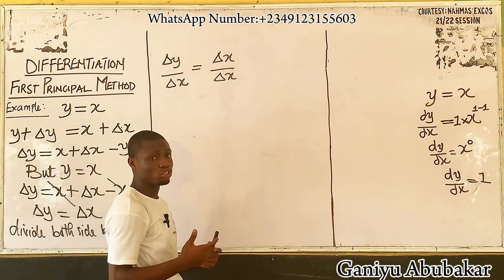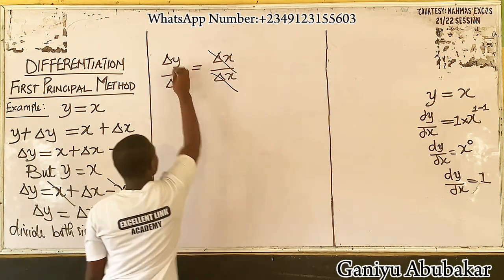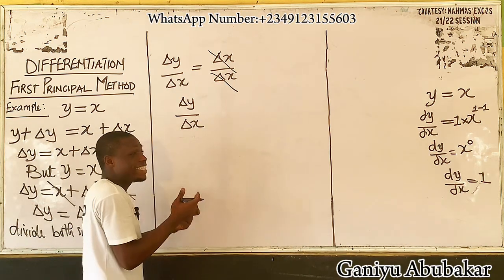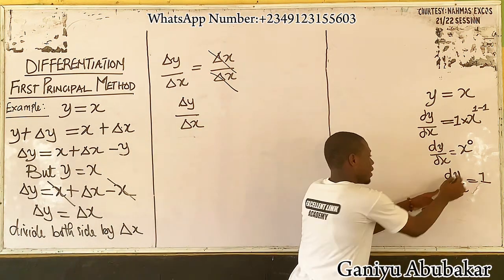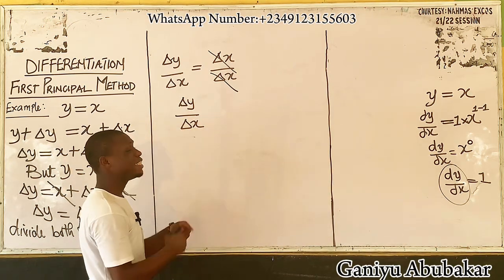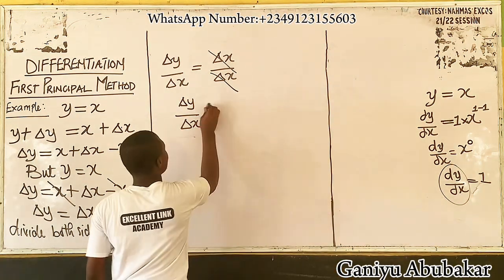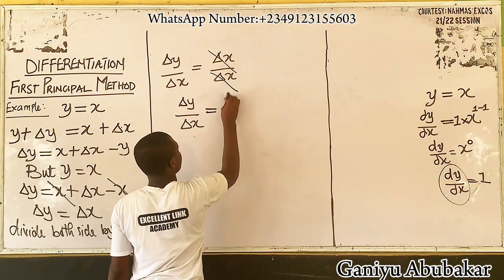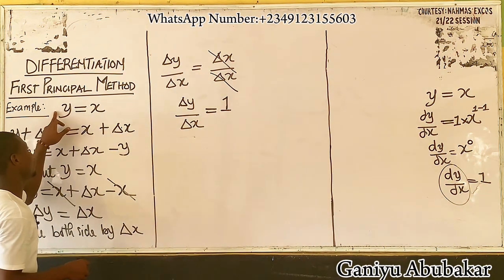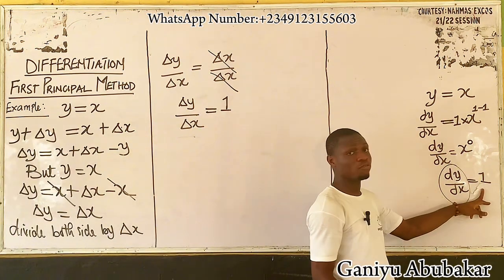Of course, this will cancel this, and my answer becomes 1. Change in y over change in x is the same thing as dy over dx, which is now equal to 1 over 1, which is of course 1. So observe that when I use first principle, I have 1, and when I use the general method, I still have 1.